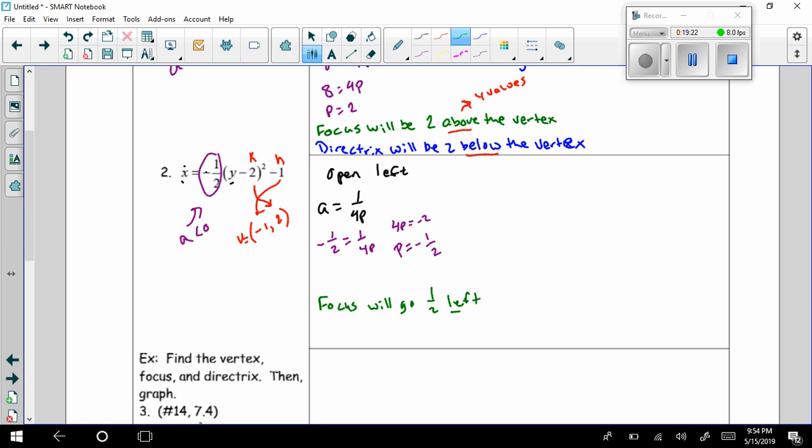That left takes care of it. 1/2 left of, I'm just going to put V for vertex, and the directrix will go 1/2 right of V. Okay, so if you have trouble coming up with those points before you graph it, then just sketch your graph first. That is fine.